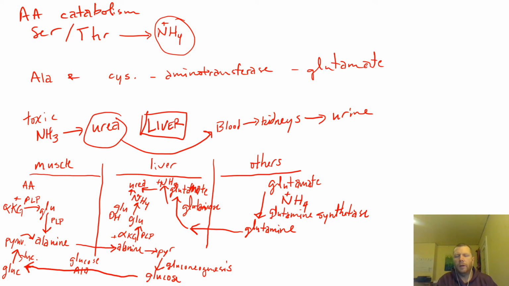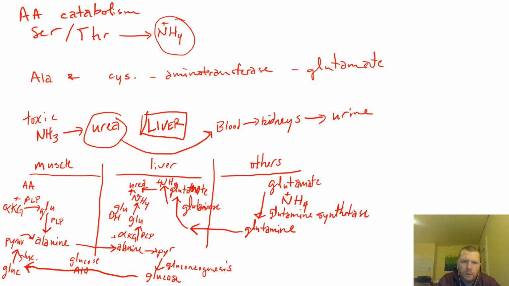If you're talking about any other cell type or any other tissue type, chances are you're going to use the enzyme glutamine synthetase, because that glutamine can enter the bloodstream and be transported to the liver, where you can use glutaminase, release that NH4. That NH4 can then go into the mitochondria to make our carbamoyl phosphate, and then enter the urea cycle to generate urea and be lost, or released as it would be.